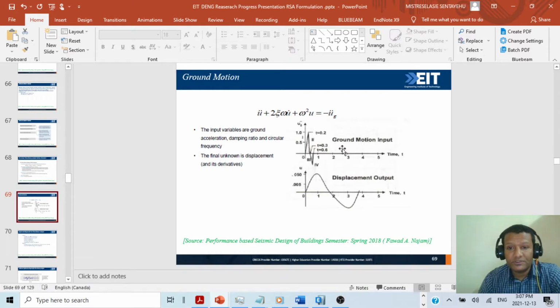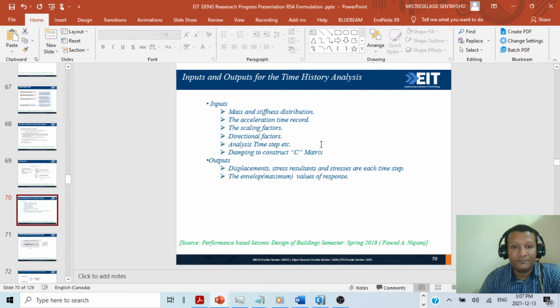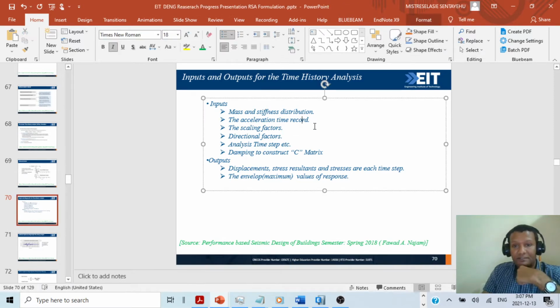So once we solve this equation, we will have displacement. Input and output for the time history analysis: input mass and stiffness distribution, the acceleration time record as I showed you, the scaling factor, directional factor, analysis time steps, and damping to construct the C matrix. Outputs: displacement and stress at each time step.